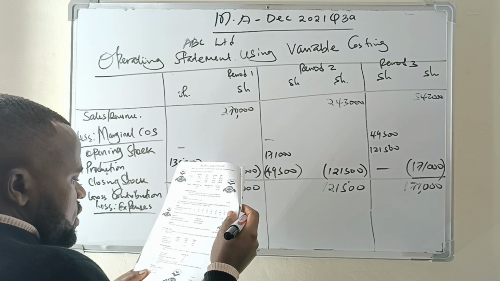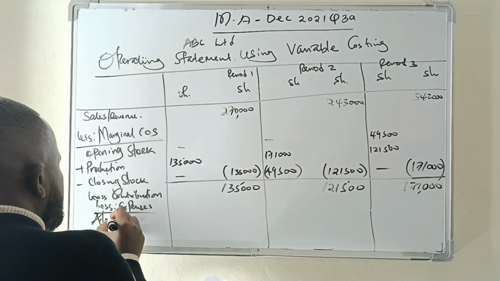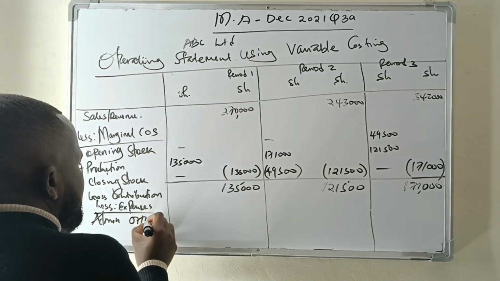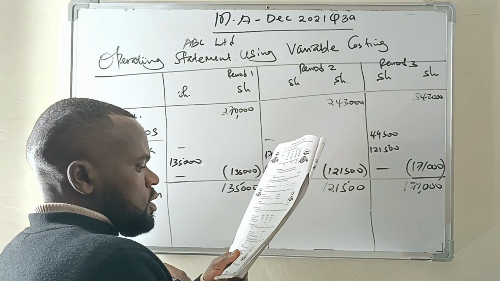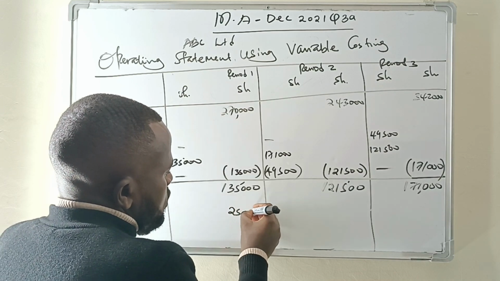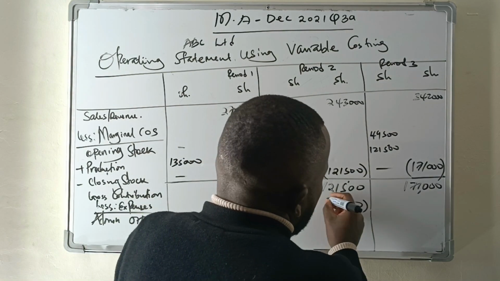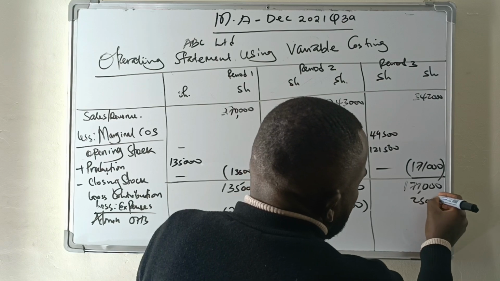I never saw that. So administrative overheads, less admin overheads. We are told it is 25,000 per period. So here less 25,000 for each period.